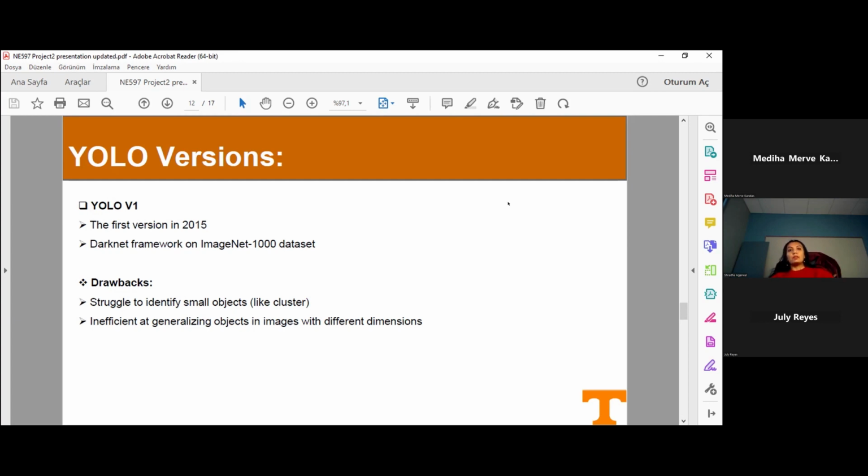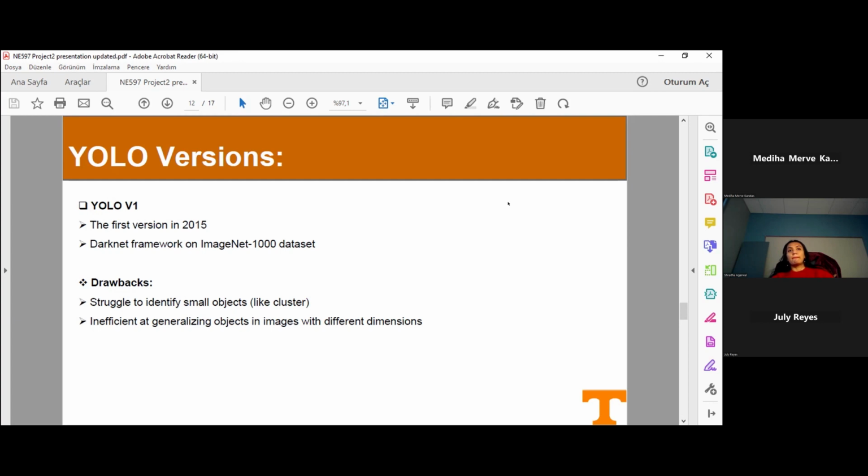This was the main improvement. Now, one small question: did they train YOLO V1 using Darknet? Because I remember they used GoogleNet for YOLO V1.